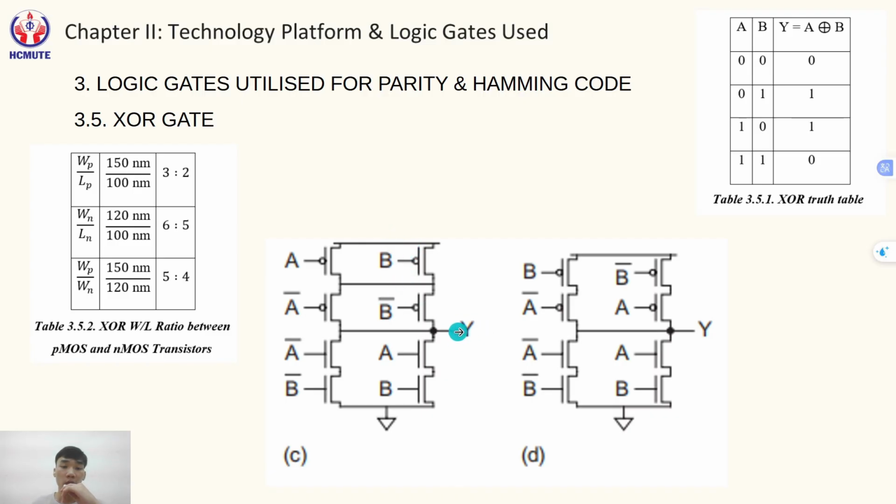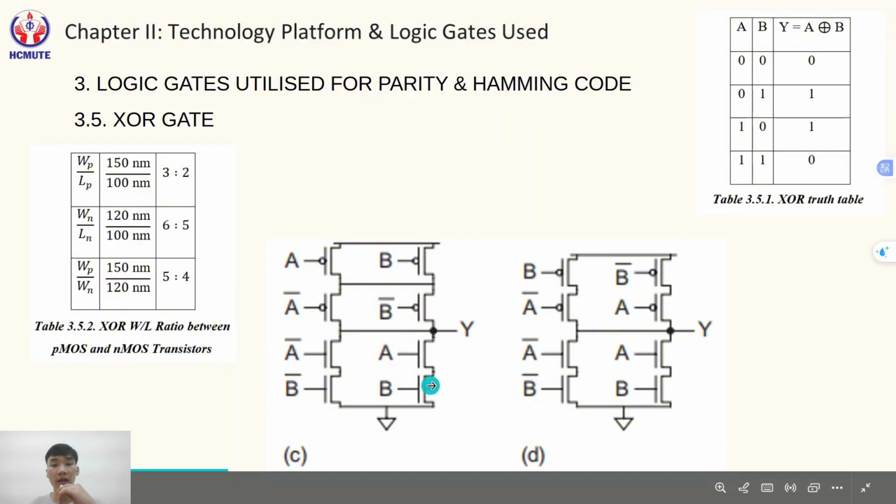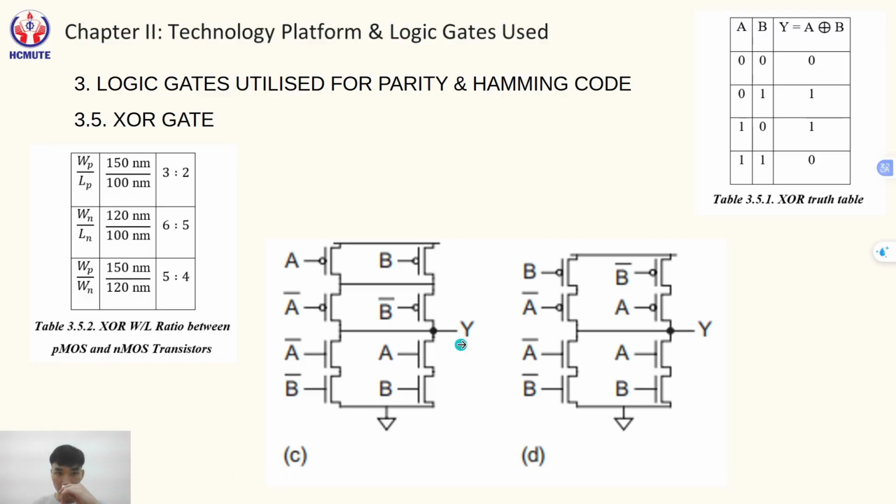In the pull-down network, two transistors A bar and B bar in series are in parallel with two transistors A and B in series. So when A equals B, 0 or 1, there is a path to GND, producing Y equal to 0. And here is the stable state and the transistor parameters used to optimize delay.